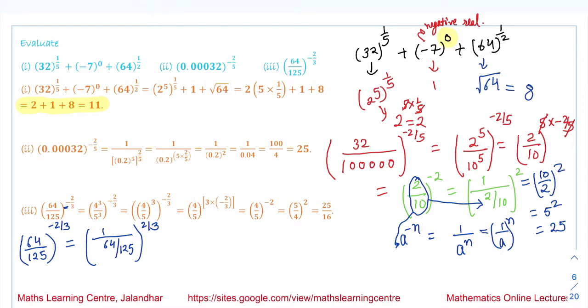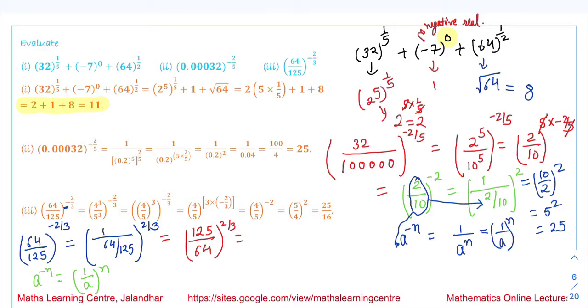We have removed the negative sign from the power using the formula a raised to the power minus n is equal to 1 by a raised to the power n. So this term becomes 125 by 64 raised to the power 2 by 3.